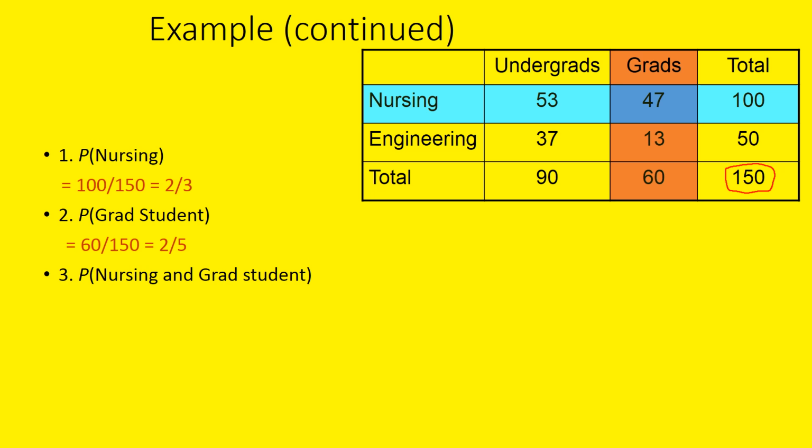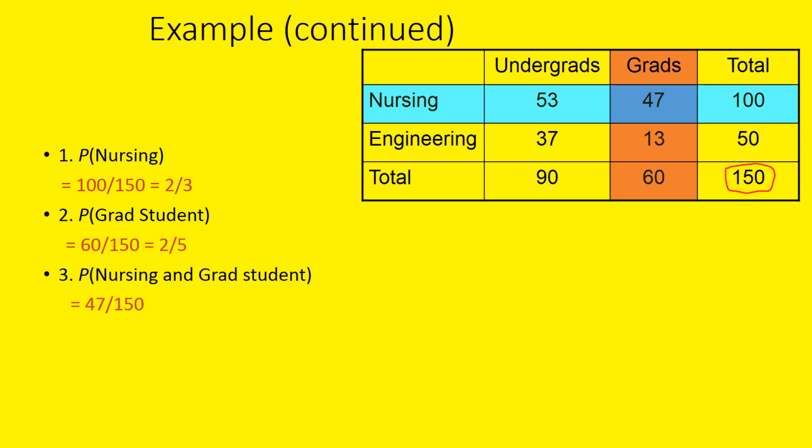Probability of nursing and grad student. Well, you can see that in the table, that's the intersection of the nursing row and the grad column, and there are exactly 47 people that are both a nursing student and a grad student. So that out of the whole 150 is the probability of nursing and grad student.